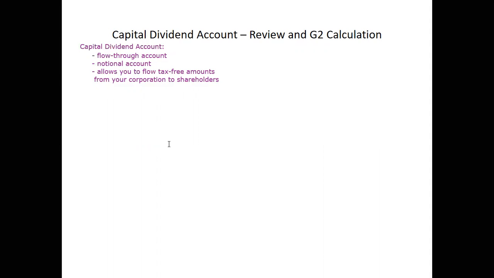What do we have here? Where can you get a CDA credit from? That's it, right? So the tax-free portion of a capital gain, sale of capital property, and the life insurance death benefit in excess of its ACB.